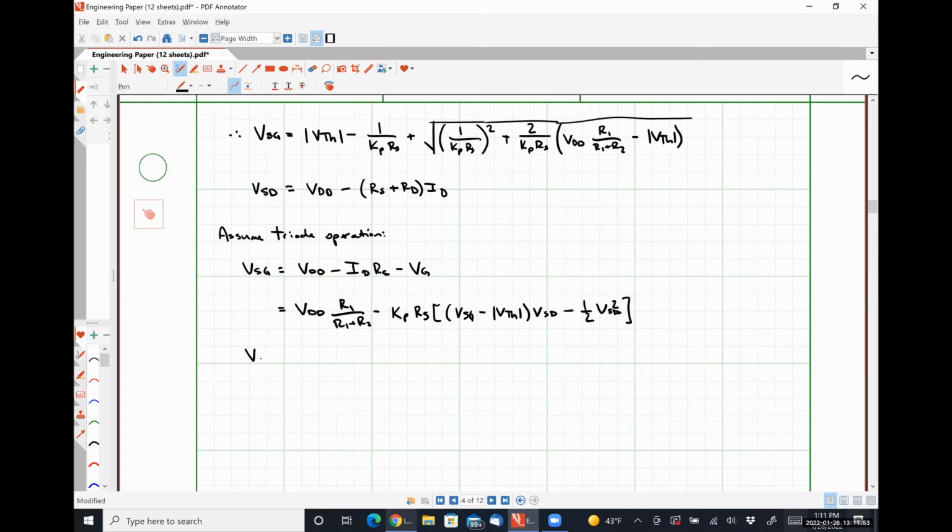And we can say that VSD is VDD minus RS plus RD times ID, which becomes VDD minus KP times RS plus RD times the quantity VSG minus VTH times VSD minus 1/2 VSD quantity squared.